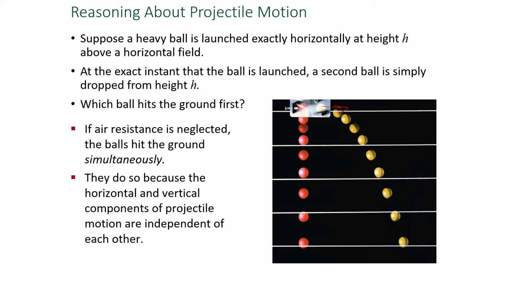But if you have a pure horizontal velocity and your velocity in the y direction is equal to 0, there is no difference from just dropping a ball, because your initial velocity in y is equal to 0.